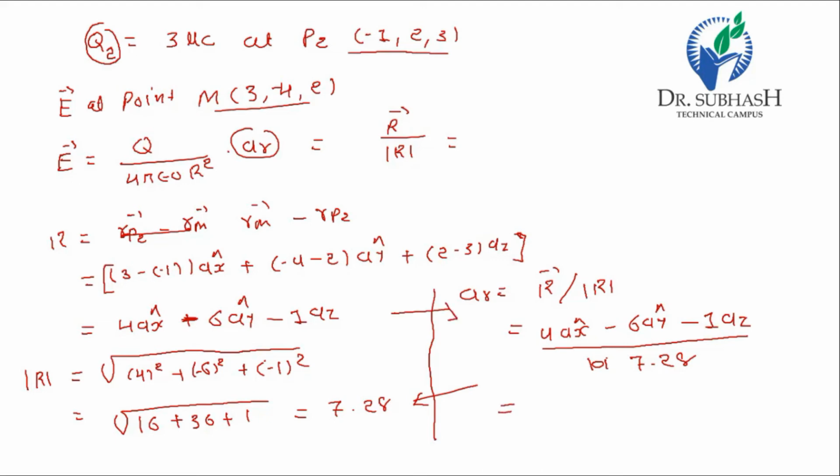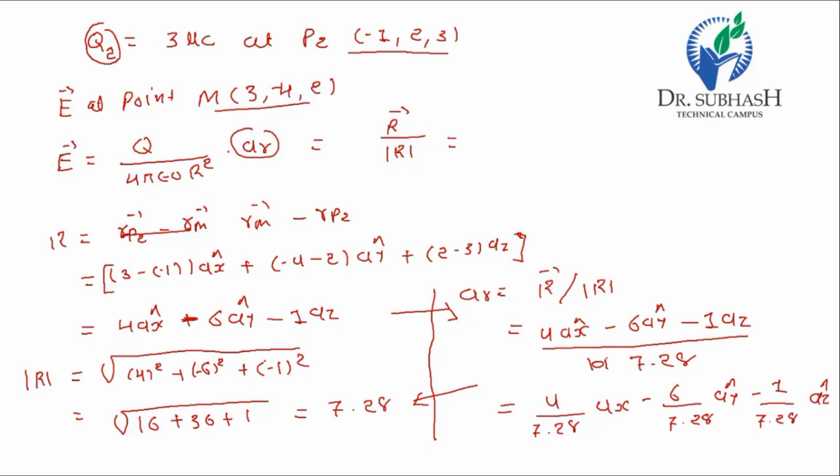So we get 4 upon 7.28 in AX direction, minus 6 upon 7.28 in AY direction, minus 1 upon 7.28 in AZ direction.